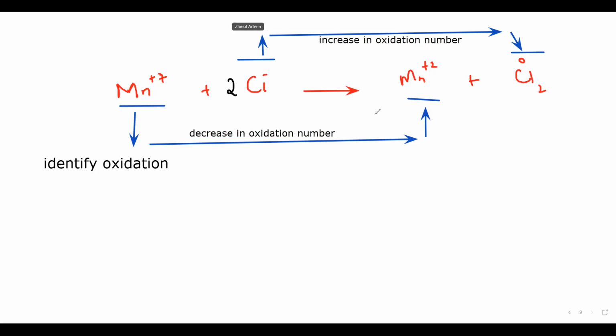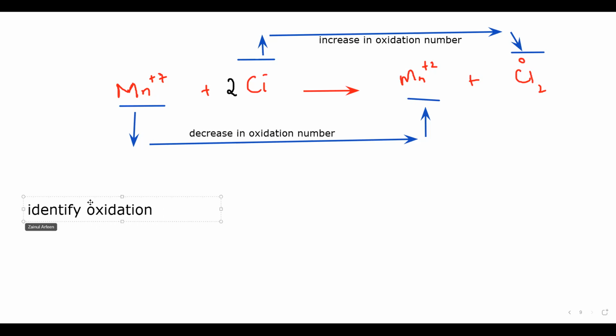So when we work out which change is oxidation, the first one, Mn plus 7 changes to plus 2, what do we call it, oxidation or reduction? There is a decrease in oxidation number. What is the name given to this change? Oxidation or reduction? So it is a reduction because the charge is decreased.